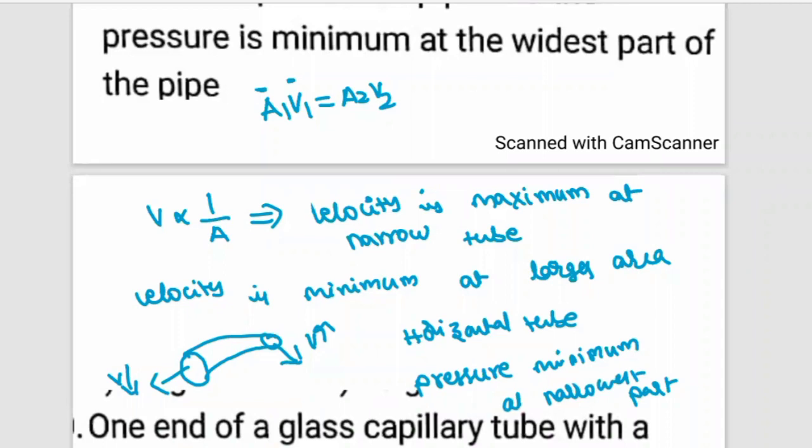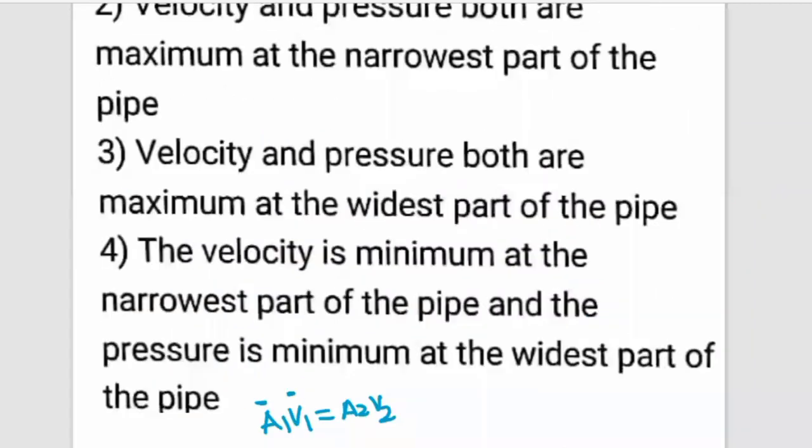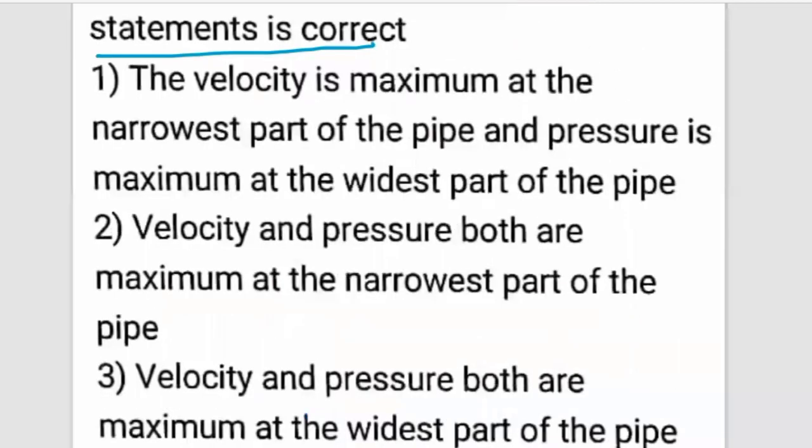Now, if you go through the options, in the first option, the velocity is maximum at the narrowest part of the pipe. Pressure is maximum at the widest part of the pipe. So this is the appropriate answer. In the second option, velocity and pressure both are maximum at the narrowest part of the pipe.